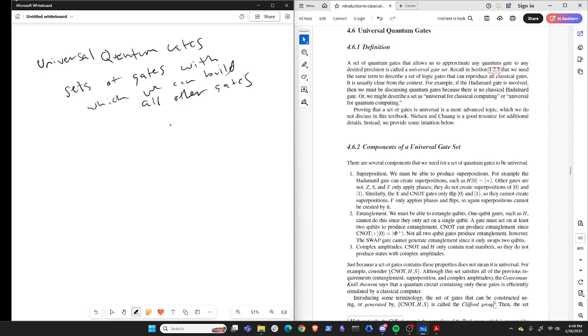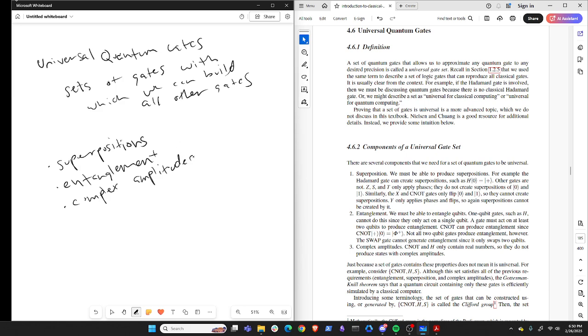In order to be able to build any type of quantum gate that we need, there are three things that need to be taken into consideration. One, we need to be able to generate superpositions. We need to be able to create entanglement. And we need to be able to work with complex amplitudes.